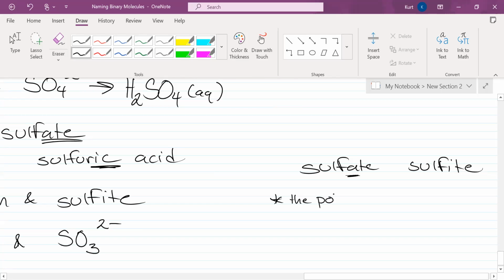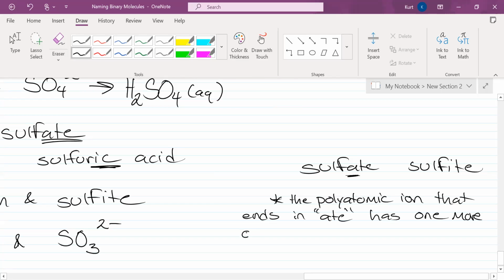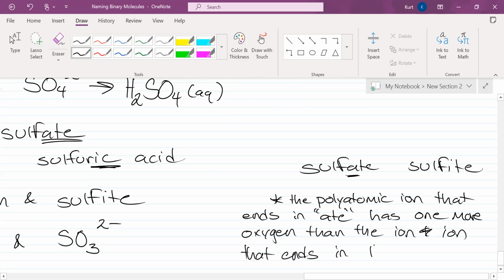The polyatomic ion that ends in ATE has one more oxygen than the ion that ends in ITE.